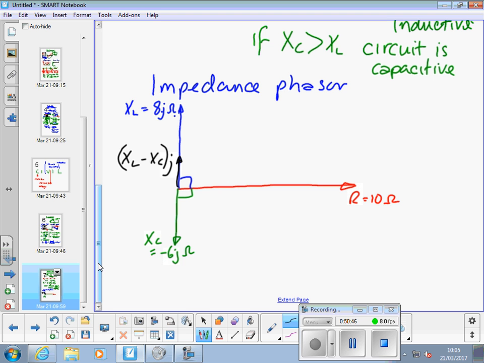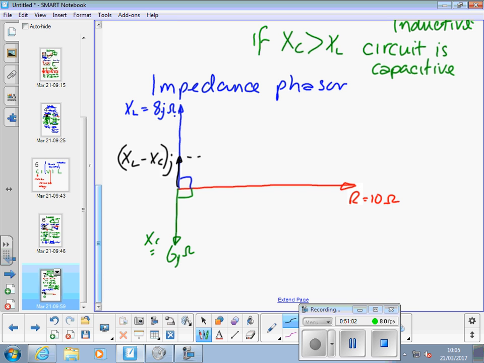Need to be a bit careful here calling that minus 6, because if you take away minus 6 you're going to add it on. The magnitude of that is 6. The difference between those two is 2 ohms.